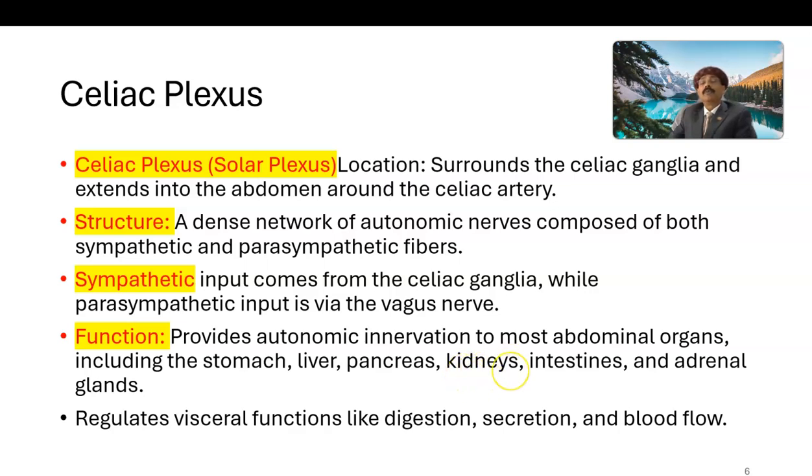Okay, from the superior mesenteric plexus and also the inferior mesenteric plexus, the lower part of the GI tract. It also provides autonomic innervation to the adrenal gland, that is the suprarenal gland, mostly through fibers from the lesser splanchnic nerve. It regulates visceral functions like digestion, secretion, and blood flow.